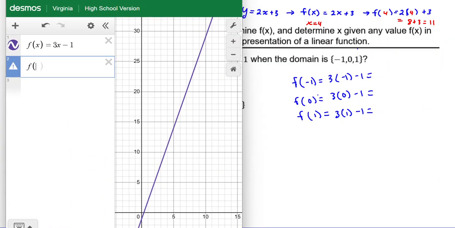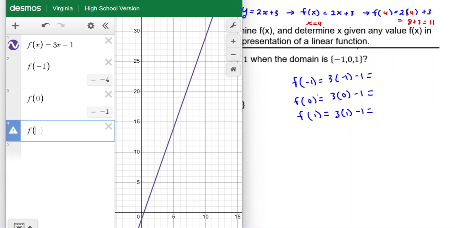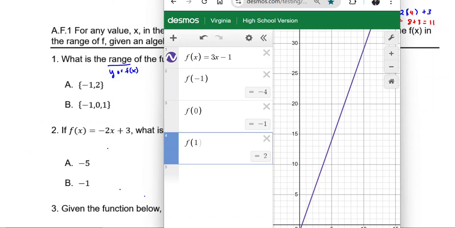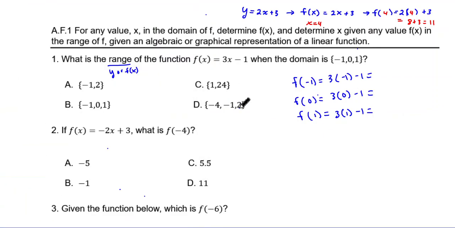So we have a domain value of -1, then a domain value of 0, and then f of 1. What we are doing basically is plugging the numbers in and evaluating them. So these are my range: -4, -1, and +2. Right here, D.